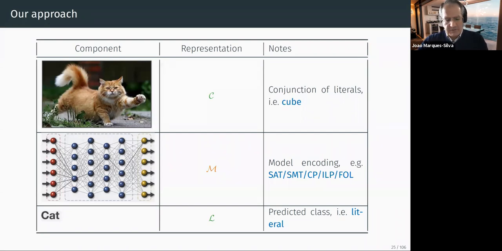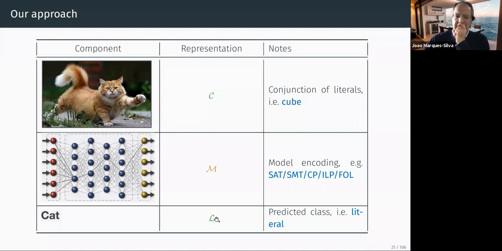Given one of the questions, we could also use some fragment of first order logic. Of course, we would pay the price in terms of computation time, but we could do it. And finally, the output, in this case, is cat. This is my literal, the class I predict, and I'm going to be happy if the prediction is kept.